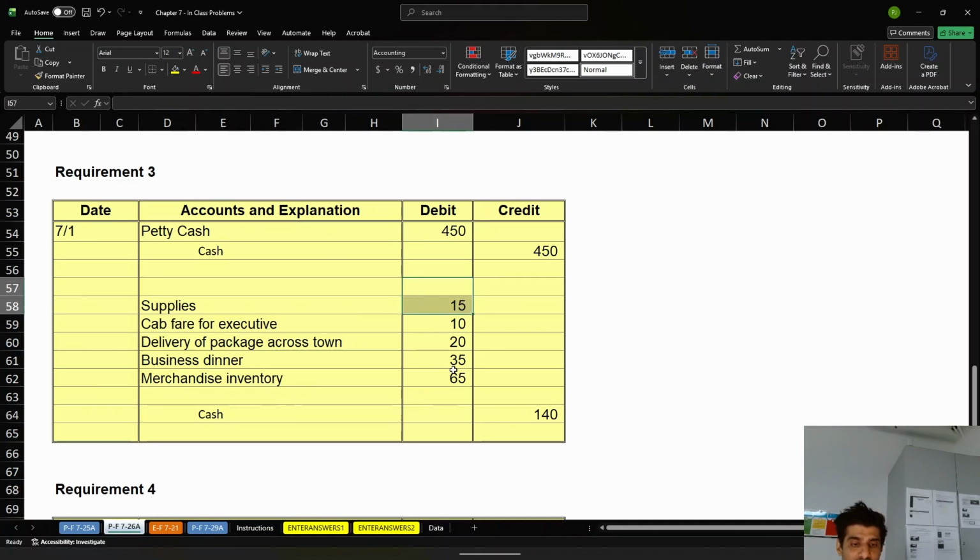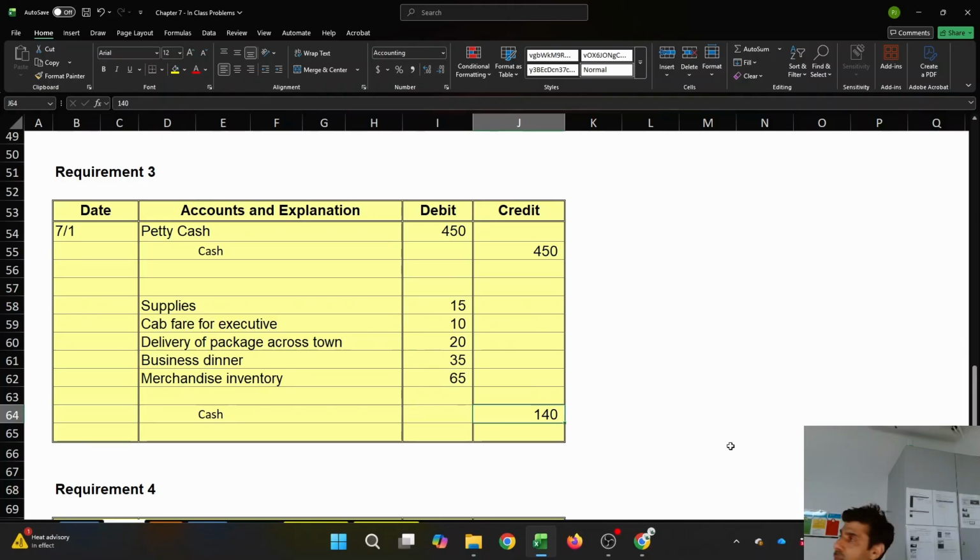Now, is this journal entry valid? If I add these up, it's 145 debit, and I only have 140 credit. That means I need 5 more on the credit side to make this balance. And we're going to put that in cash short and over. So what does this mean?